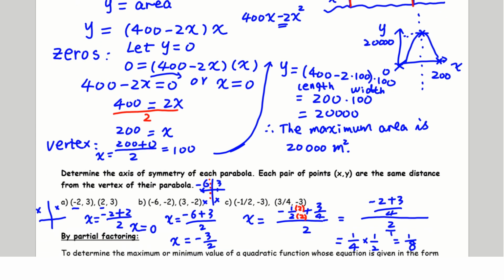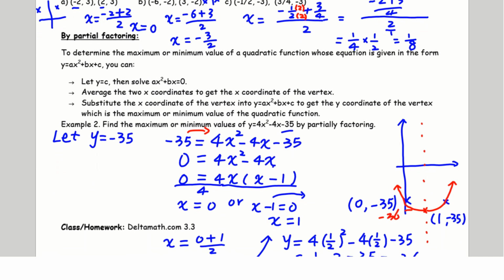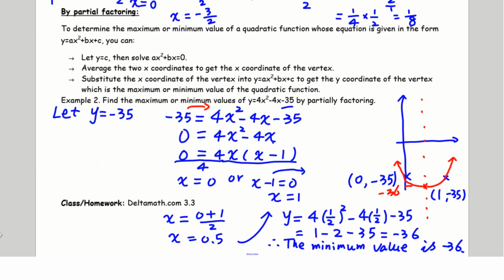And if a quadratic function is not factorable, then we do partial factoring. We find the symmetric point of the y-intercept by letting y equal the c value, the negative 35, then cancel them out.